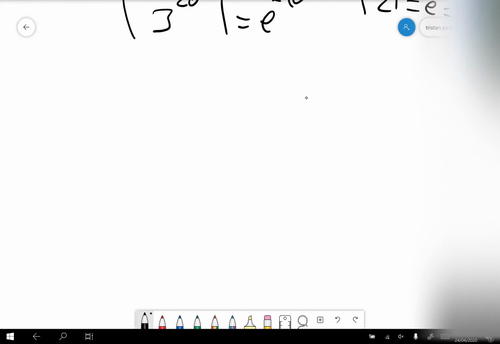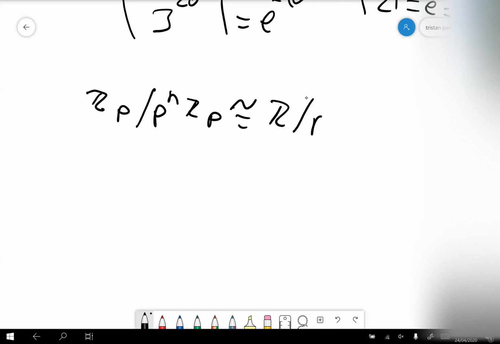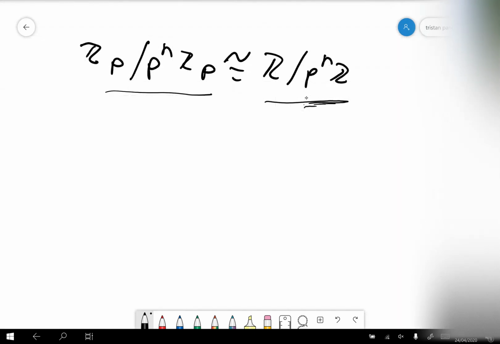But it can be shown that the integers modulo p to the n is isomorphic to the thing here, and that's just by exact sequences, and that helps us a bit later on.